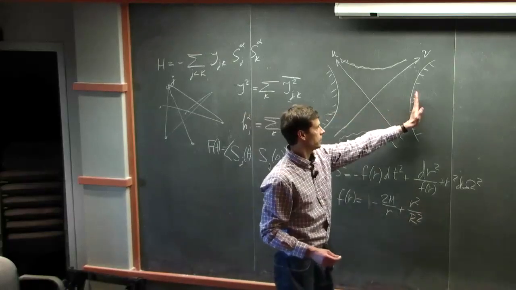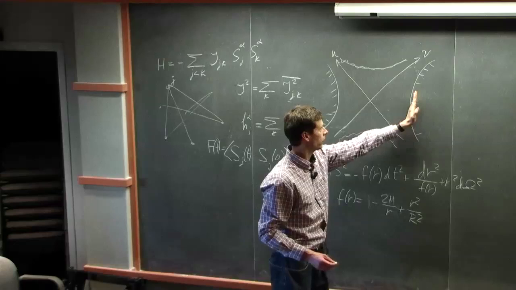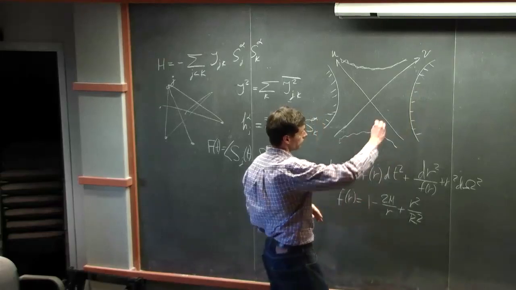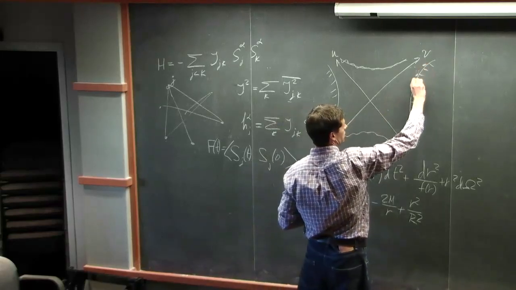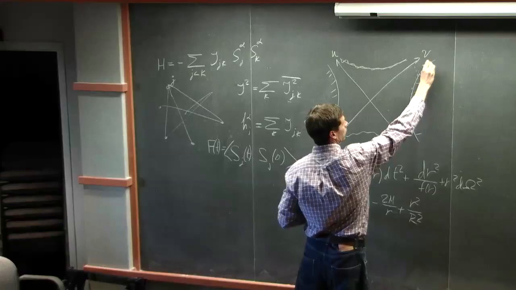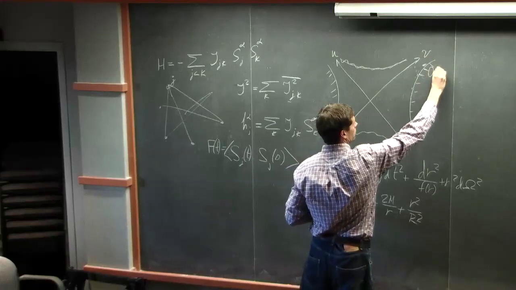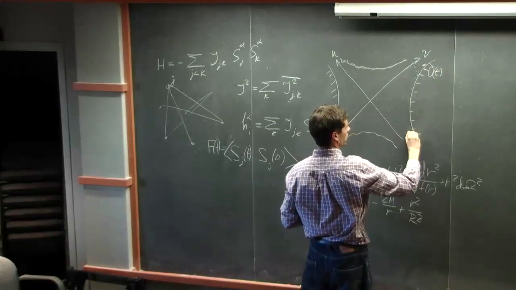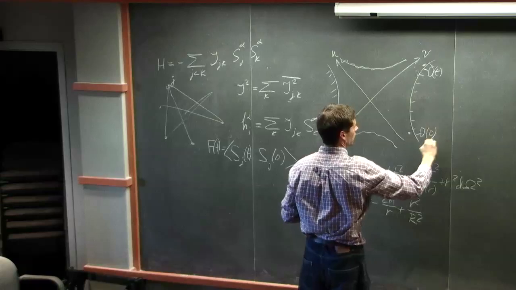So there is an AdS boundary. One can define fields near the boundary, and this will be O of t and O of 0.